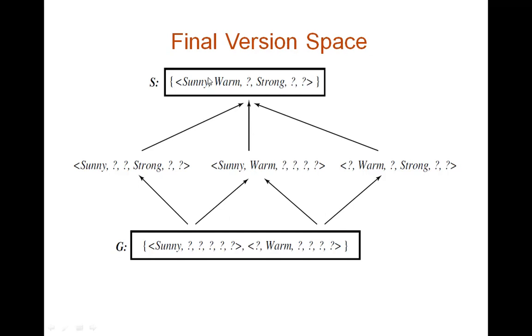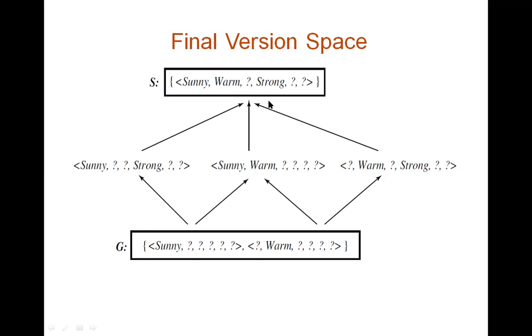Consistent means what? For the first example, if you match that first example with this hypothesis, the first example was a positive case, and it will say positive. Second example, positive, so this hypothesis will say positive. Third example is negative, enjoy sport is no, so this hypothesis will say enjoy sport is false.